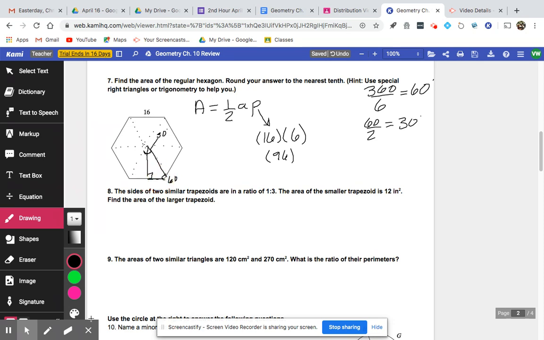Good news is it's half of 16. That's 8. Now, if you remember from special right triangles, if our short side is 8, our height is that short side root 3. So I'm going to call this side A for apothem, and A is 8 root 3. Again, I don't need to show any algebra there because it's just a special right triangle.